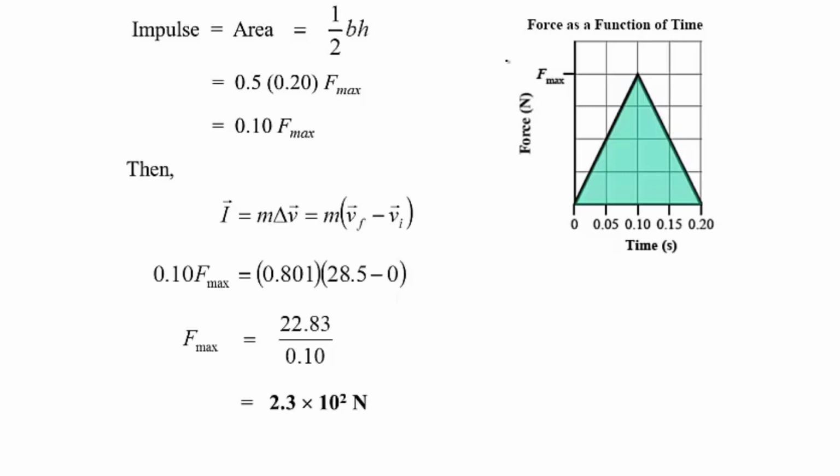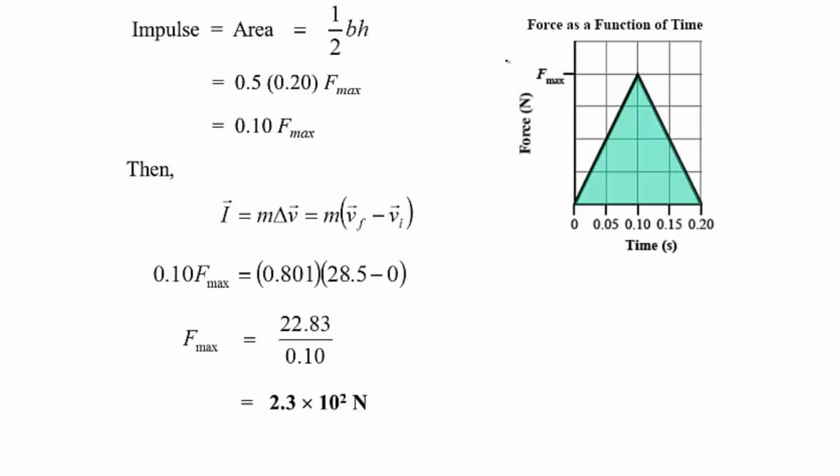Well, the impulse we can calculate because we were given the mass and the change in velocity. Mass 0.801 kilograms, change in velocity final minus initial is 28.5 meters per second minus 0 meters per second. We set that equal to the expression that we had when we set the impulse equal to the area, and we can then calculate the unknown maximum force as 2.3 times 10 to the 2 newtons.